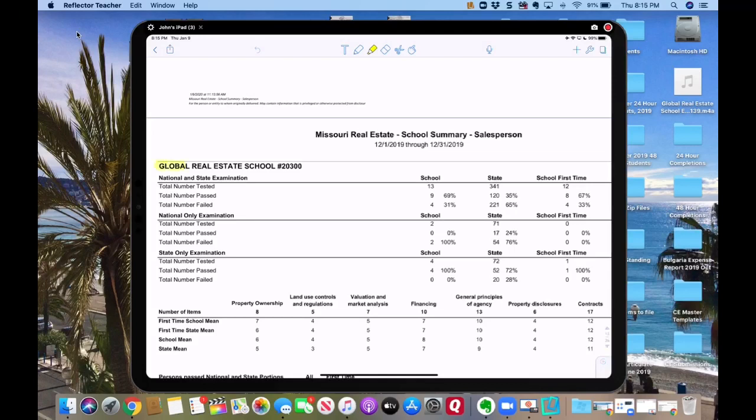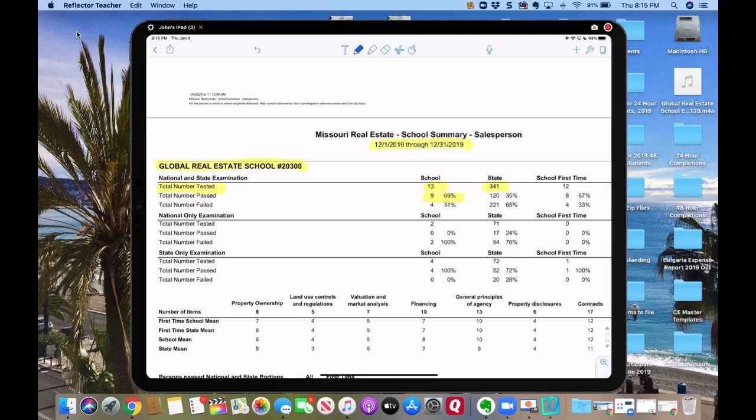Here's Global Real Estate School, and here's December. This is the total number I had tested last month. We had 13 total tested. There were 341 people in the state who were actually tested, but we had 9 people pass the exam for a 69% pass rate.